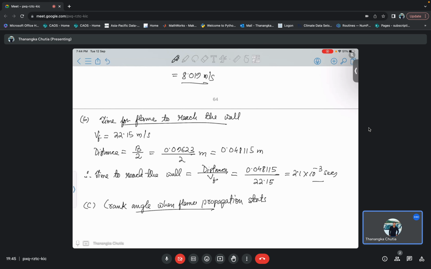Okay, since spark is fired 21 degree before TDC and it takes 6 degree crank rotation for combustion to develop.